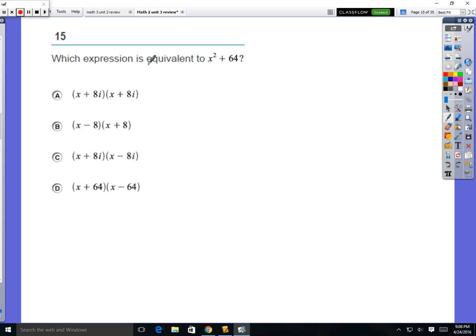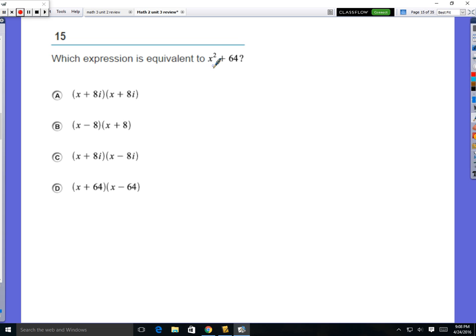15. Which one is the same as x squared plus 64? So it looks like a perfect square, but it's really not. It's going to be C, because if you start multiplying C out, x times x is x squared. x times a minus 8i is a minus 8ix.